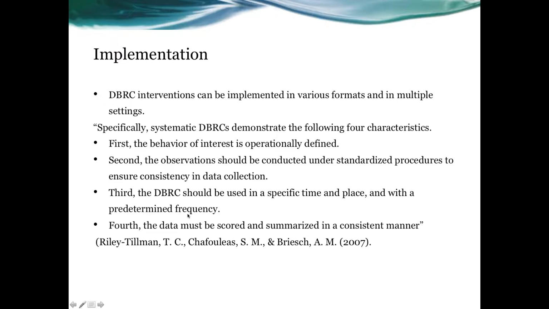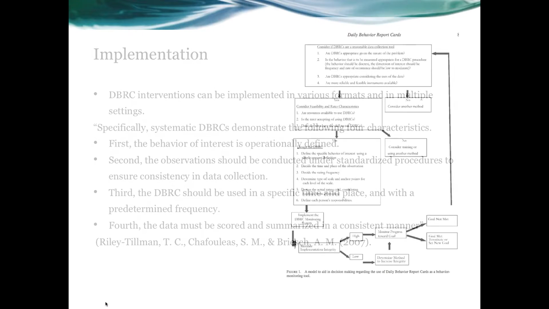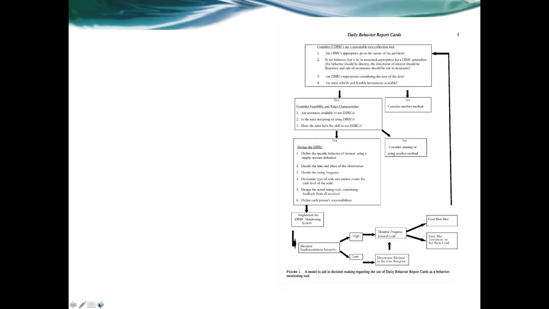Third, the DBRC should be used in a specific time and place and with a predetermined frequency. And fourth, the data must be scored and summarized in a consistent manner. So all of these are really important when you're implementing your DBRC. Those are just things to keep in mind, and we've already gone over that little flow chart.